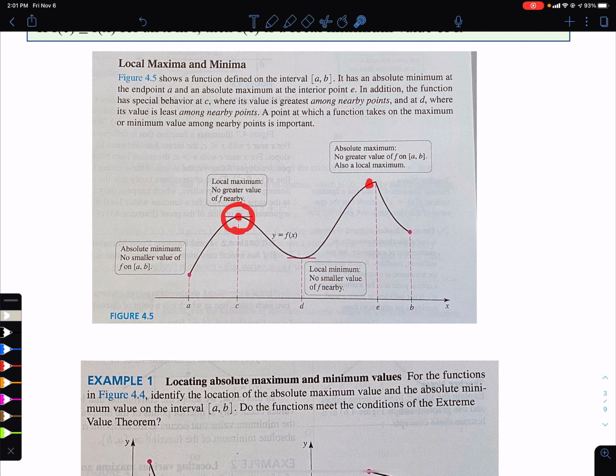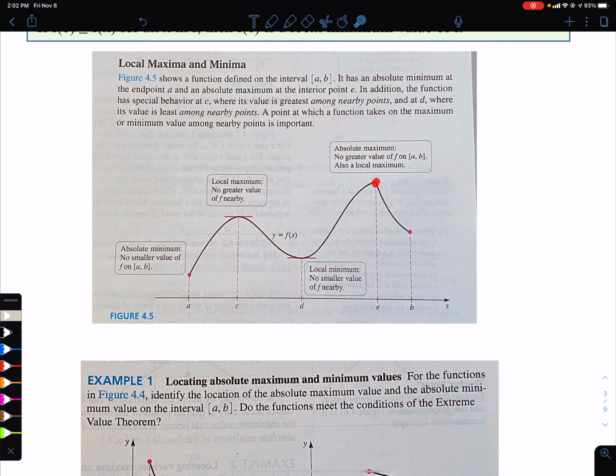In its local area, in its relative area, it will be the largest point. So right here, that would be a local minimum or relative minimum because in its area, it's the smallest. Even though there are smaller points elsewhere, it is locally a minimum value.